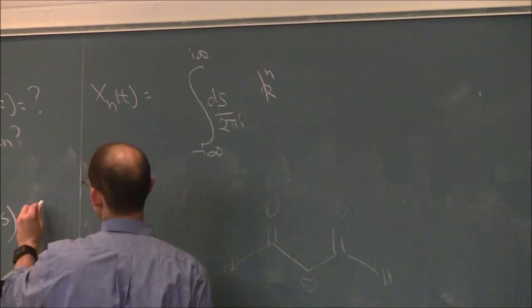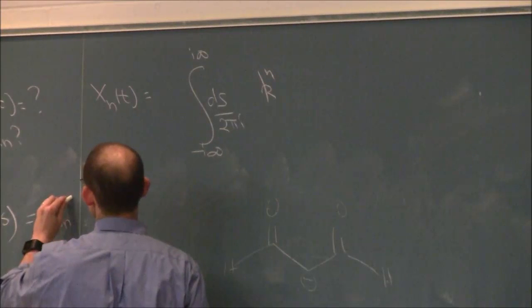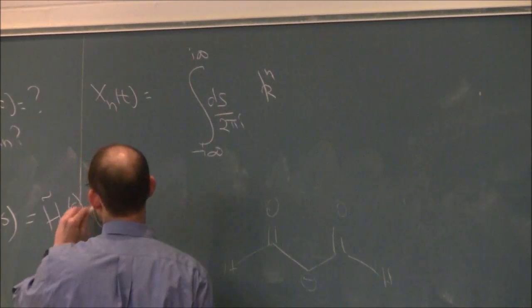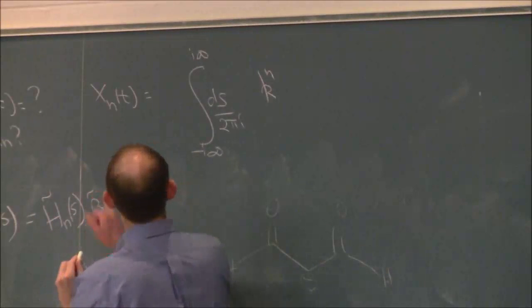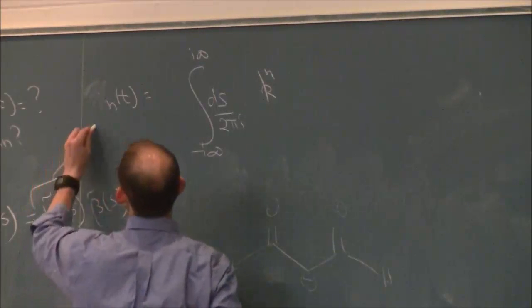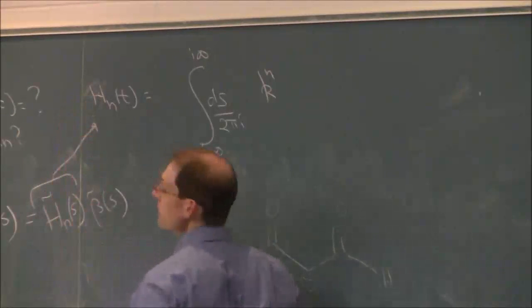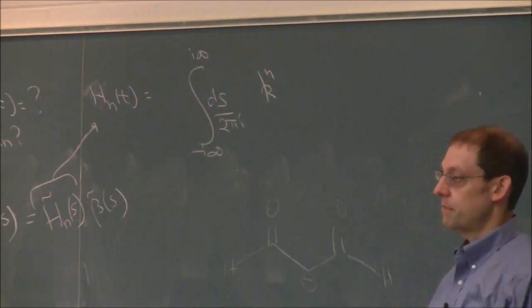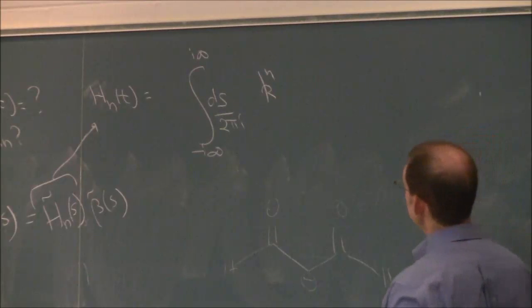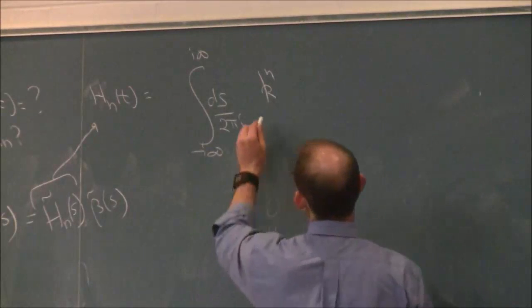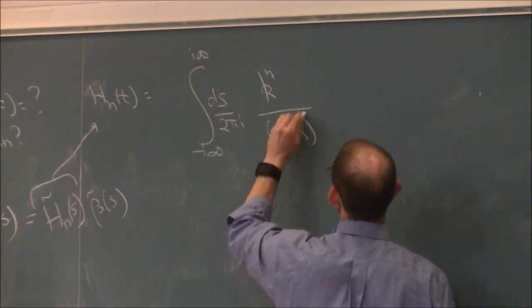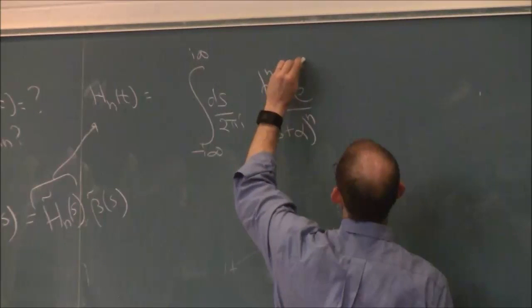So this is equal, we could call this hn of s, beta of s. So really, we're going to just focus on the system response function. So what is the response function in the time domain? To get the response function in the time domain, we do the inverse transform.